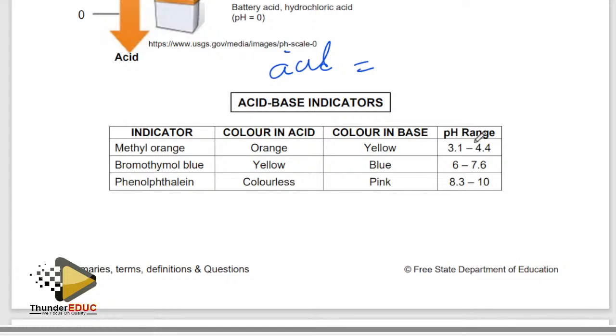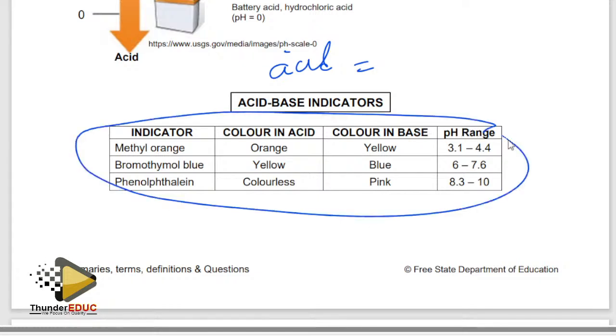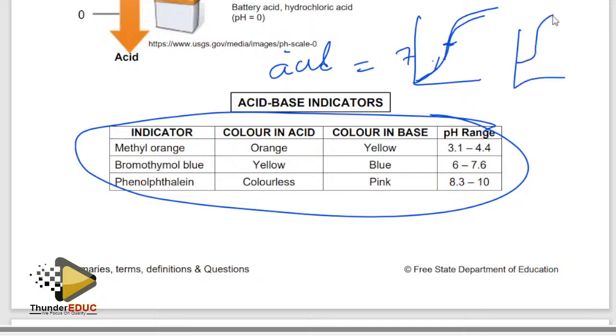The pH indicator is also good to know, but you also need to know the shape of the graph. If this is 7, and the curve starts from there and ends there, it means this is a strong acid, strong base. When it goes like this, it means it's a weak acid, strong base.